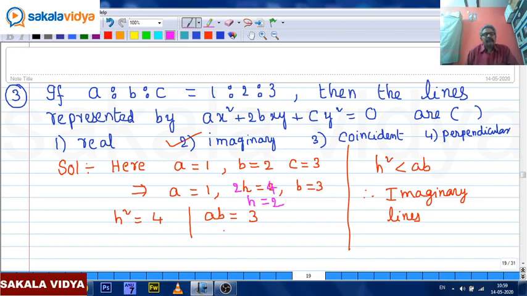So h square is equal to 4, ab is equal to 3. You check it. Third question: a becomes 1, 2h becomes 4, so h is equal to 2.